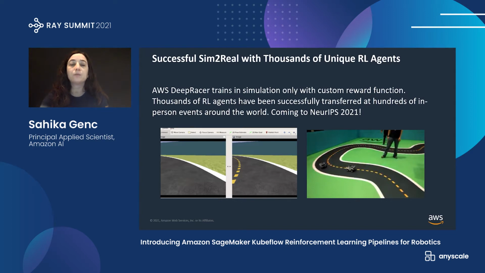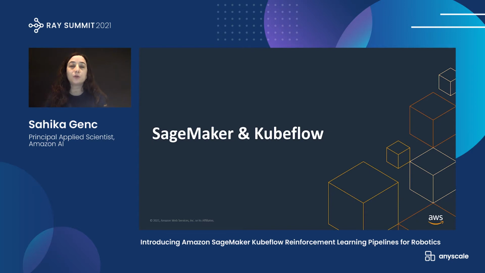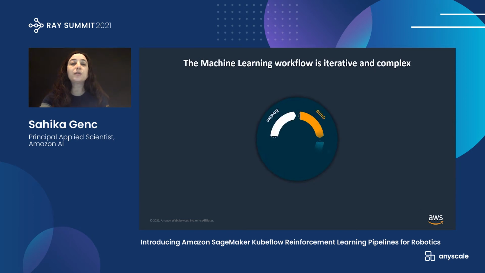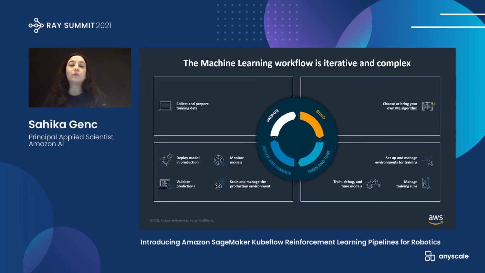Now let's take a look at how SageMaker and Kubeflow work together in order to enable Kubeflow pipelines to orchestrate various machine learning operations. Let's first take a look at how a machine learning workflow works without using any platform.